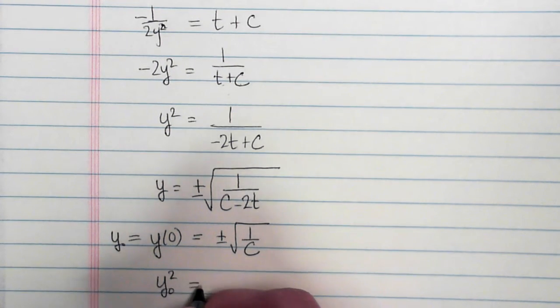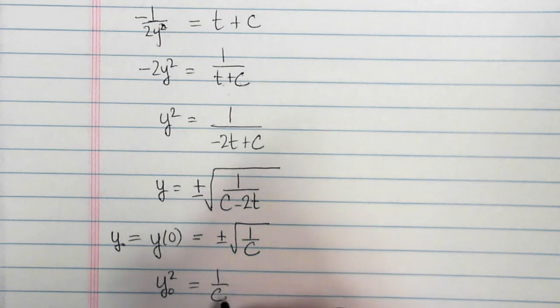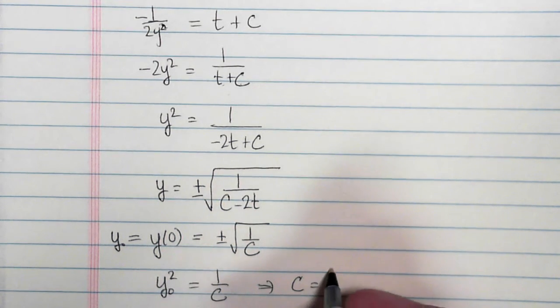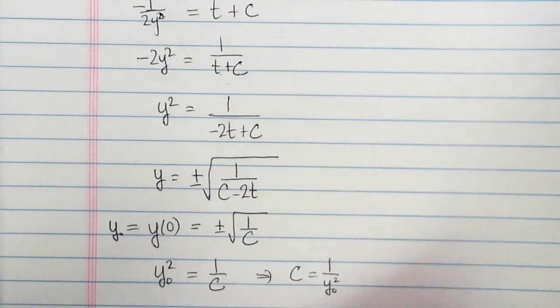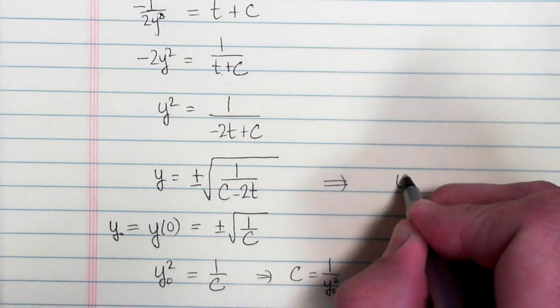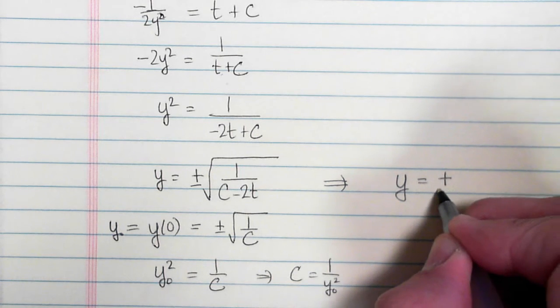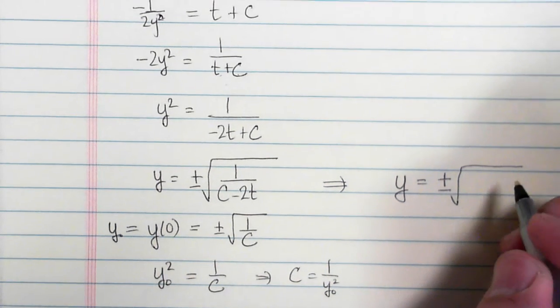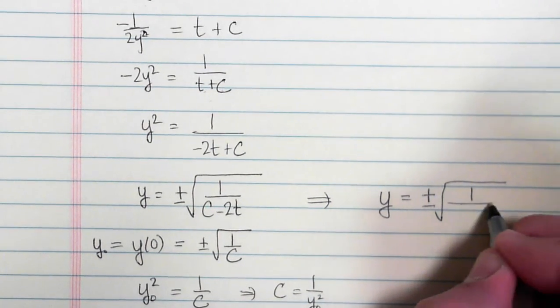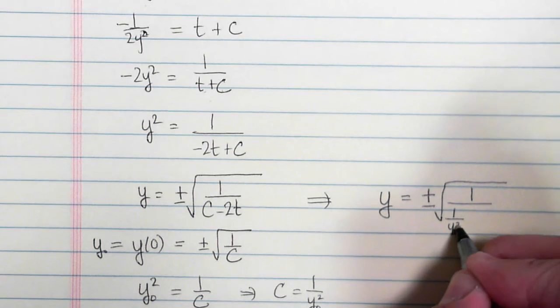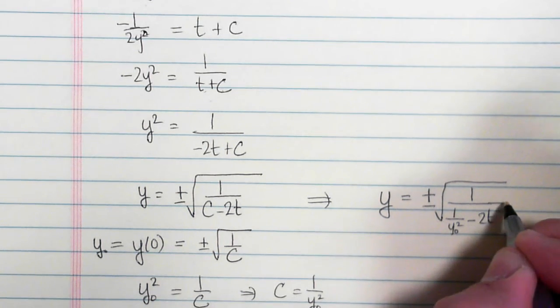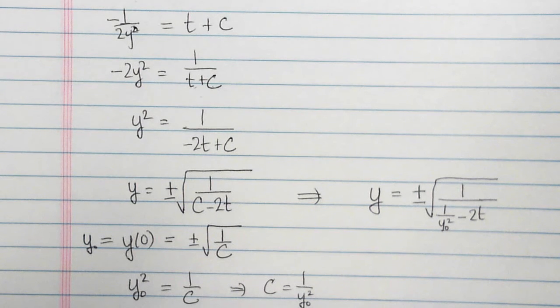So y naught squared is equal to 1 over c, and therefore c is equal to 1 over y naught squared. Okay, so that brings us to our solution that y is equal to either plus or minus the square root of 1 over (1 over y naught squared minus 2t). And so that's our solution.